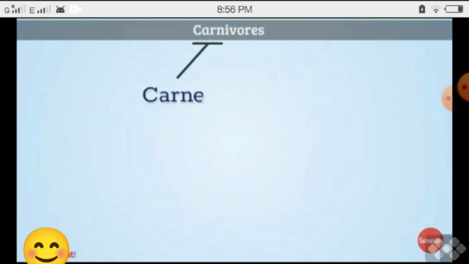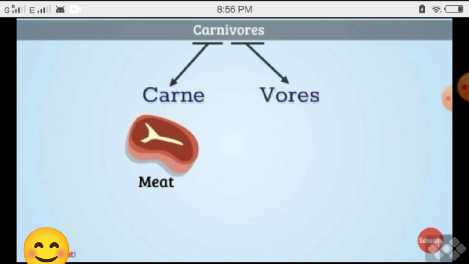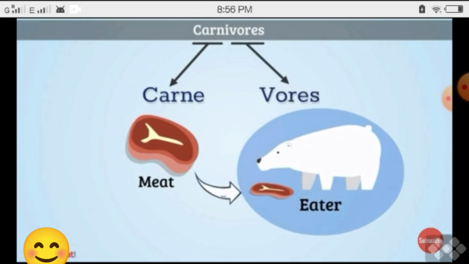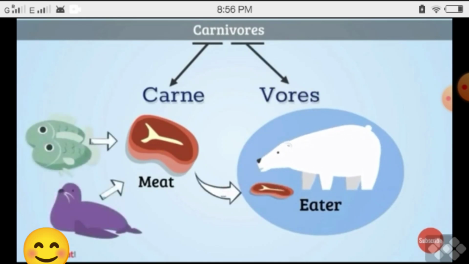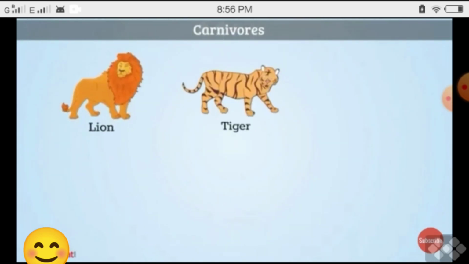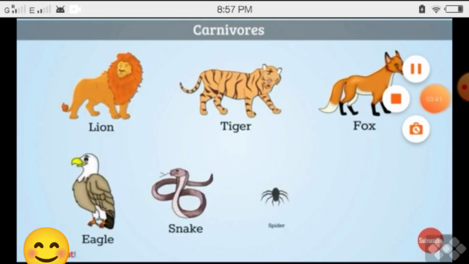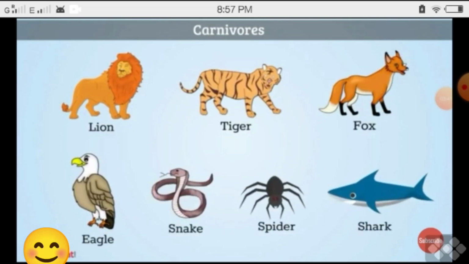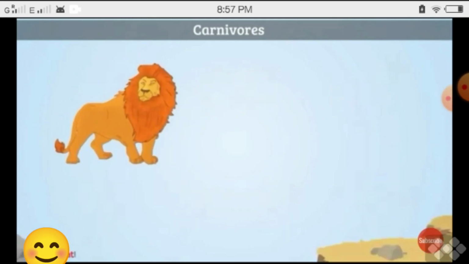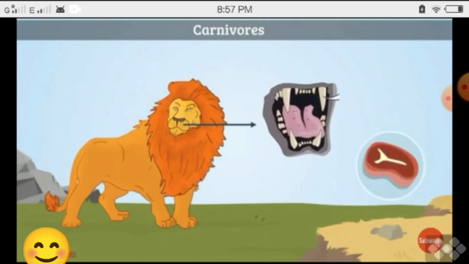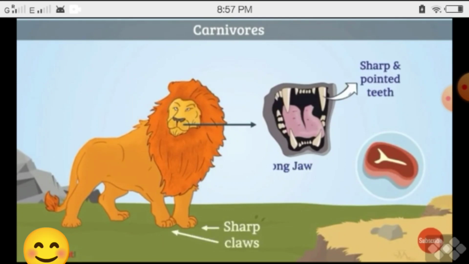Carnivores. Carn means meat and vores means eater. So, the animals which obtain their food only from other animals, that is, in the form of meat, are called carnivores. Example: lion, tiger, fox, eagle, snake, spider, shark, etc. For tearing the flesh, they have sharp and pointed teeth, sharp claws, and very strong jaws.